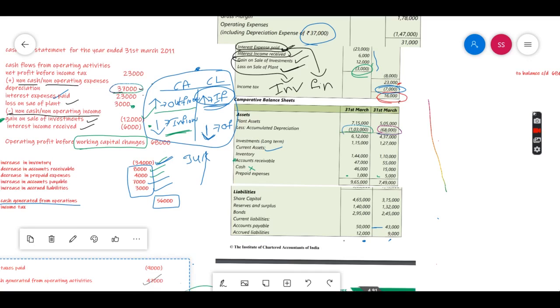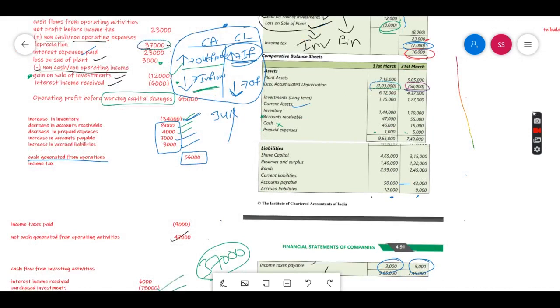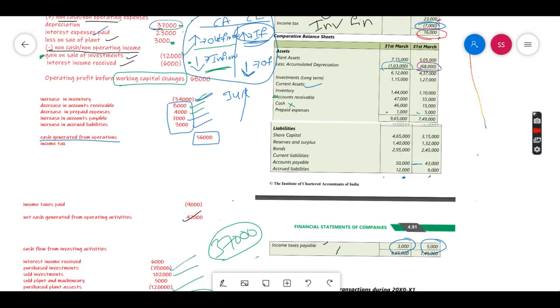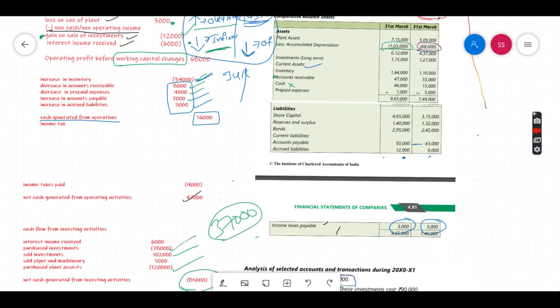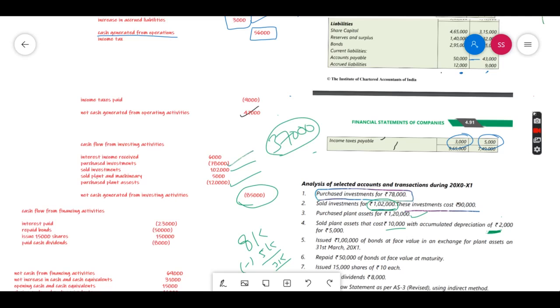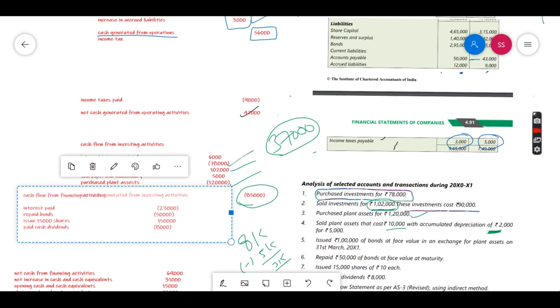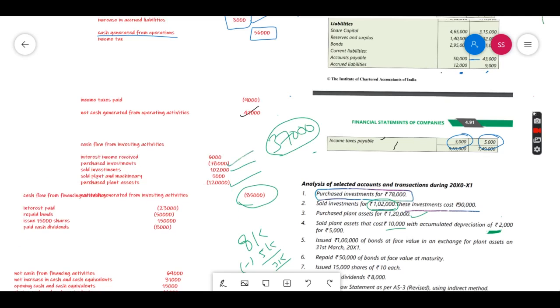Okay, let's get back to our financing activities. We're done with the operating activities, so let's start with the financing activities. Issued 1 lakh of bonds at face value in exchange for the plant asset on 31st March 2011.